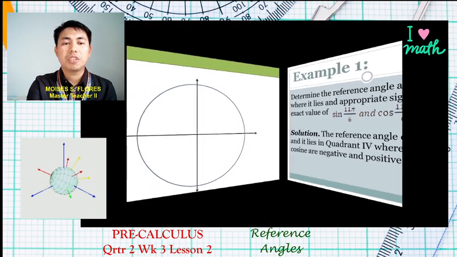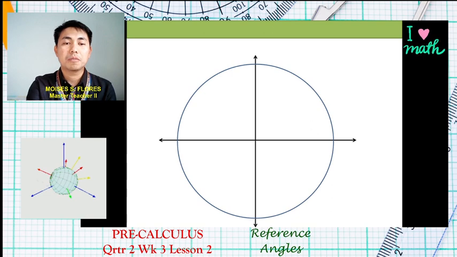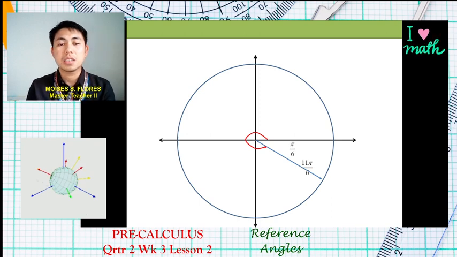So take a look at our sketch of the angle. We have here your 11 pi over 6. From the definition of the reference angle, it should be less than 90 degrees, or an acute angle. So by this example, our reference angle is pi over 6.